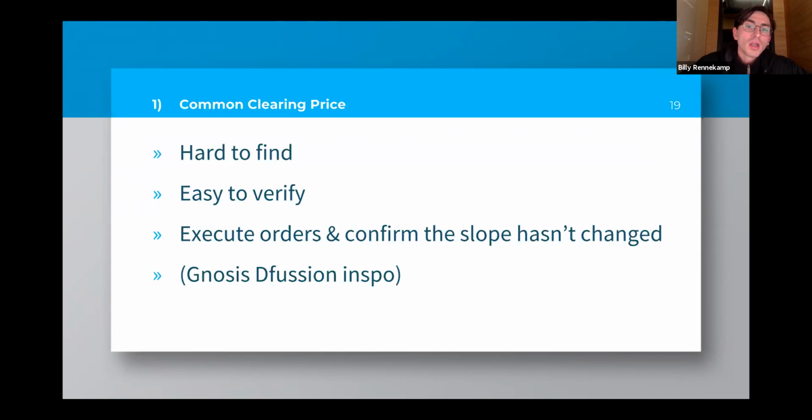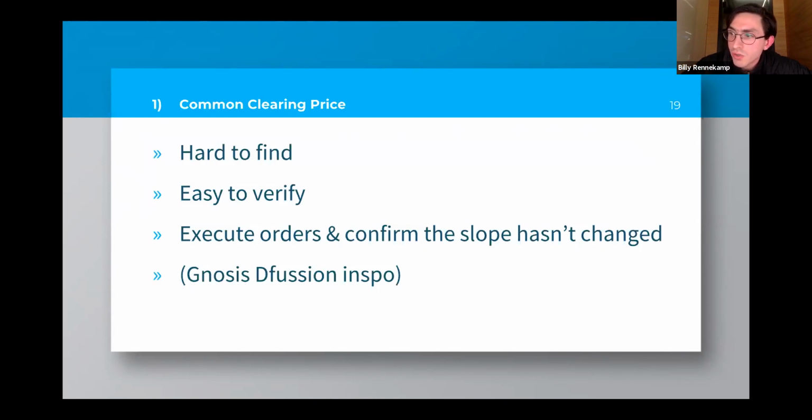And the way that we can easily verify it is that we can execute orders based on that price. Then we can look: okay, we executed all these buys and all these sells at this universal price. Now let's look at the amount of collateral that's in the contract, and let's look at the number of tokens that exist, and make sure that those numbers still hold up in the context of our slope.